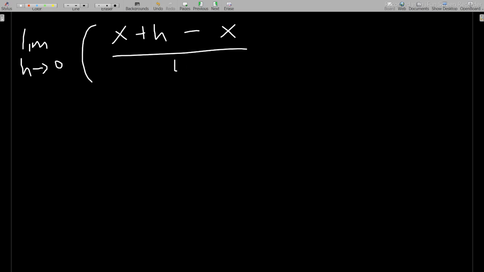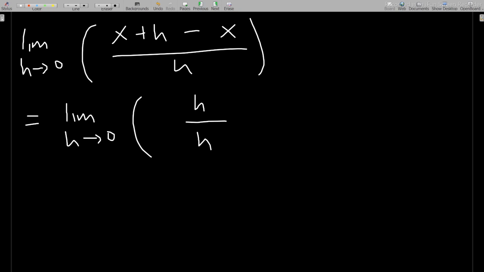So I'll have the limit as h approaches 0 of f of x plus h, which gives x plus h, minus f of x, which is x, over h. Now this is equal to the limit as h approaches 0 of x plus h minus x, and that will give me h, because x minus x gives me 0.